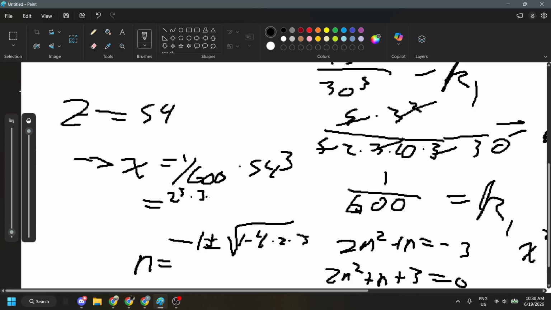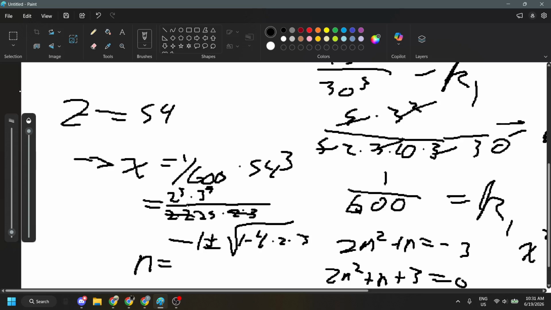Is it just 3 to the 27? No, no, no. It's 3 to the 9 over 600. 600 is 2 times 2 times 25 times 2 times 3.